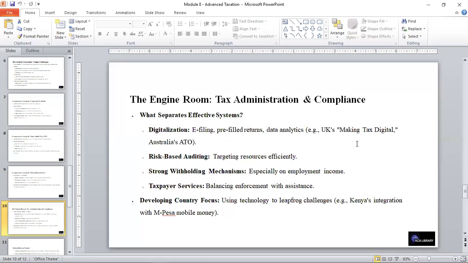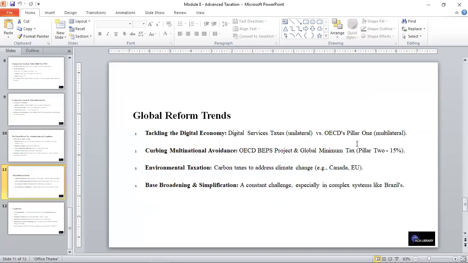Another is risk-based auditing, which targets resources efficiently. Another is a strong withholding mechanism. And the last is taxpayer services. Developing countries focus on using technology to leapfrog challenges, for example, Kenya's integration with M-Pesa mobile money.